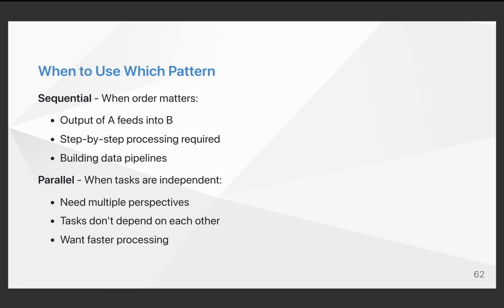Choosing the right pattern is crucial for success. You should use sequential when the order matters, when output of A feeds into B for step-by-step processing or building data pipelines. You should use parallel when tasks are independent, when you need multiple perspectives and tasks don't depend on each other or you want faster processing.